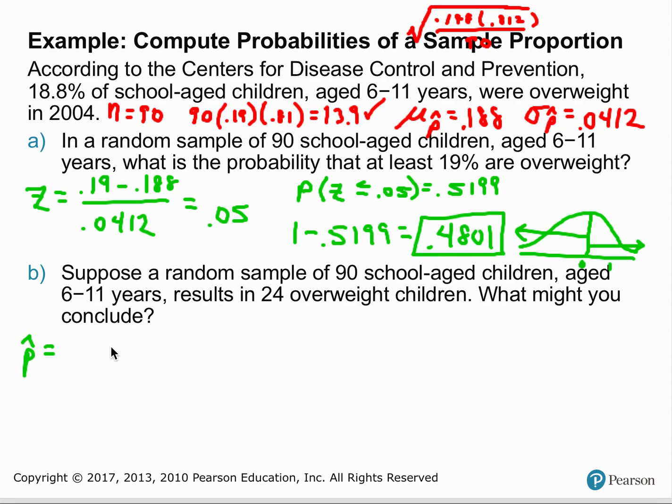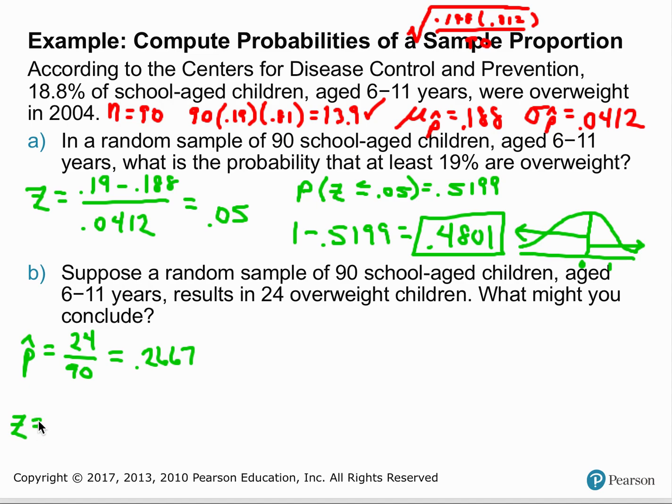But 24 over 90, if 24 out of the 90 are overweight, then that's 0.2667. So 26 2/3%, 26.67%.